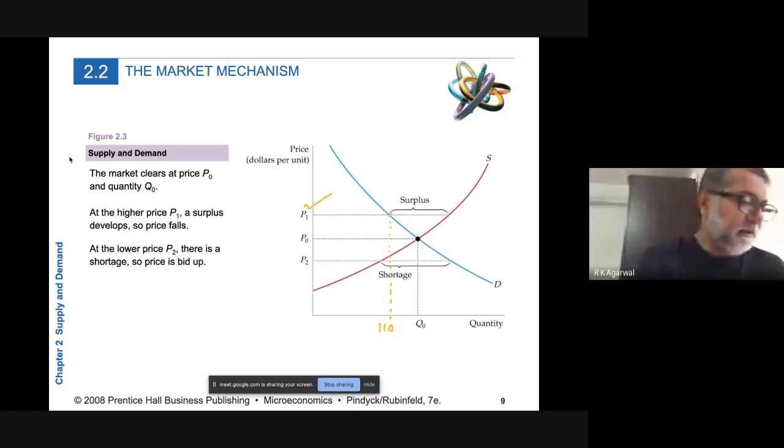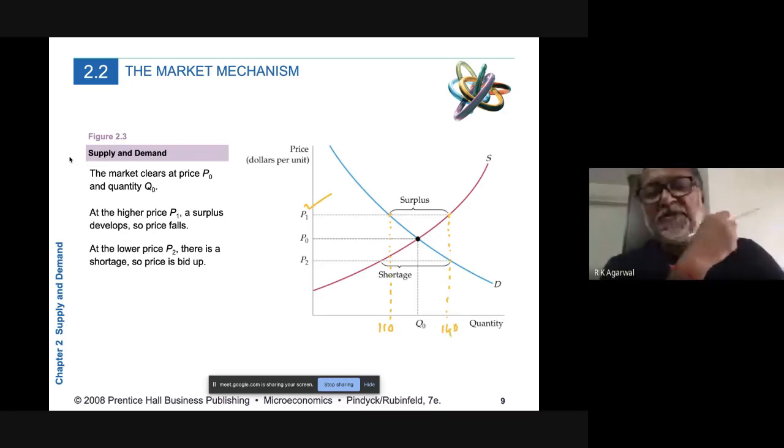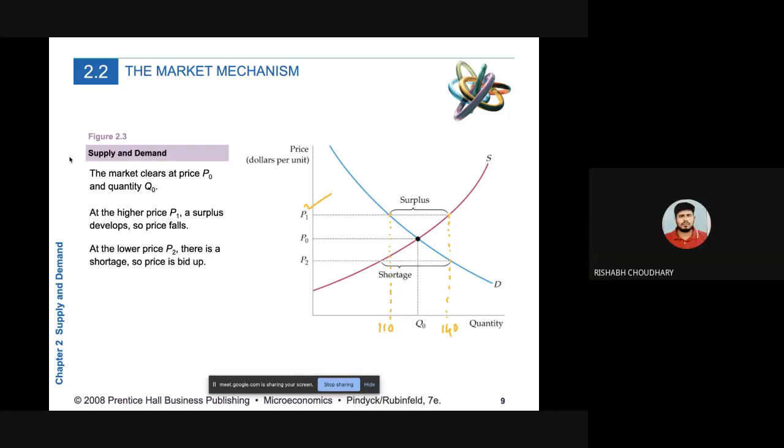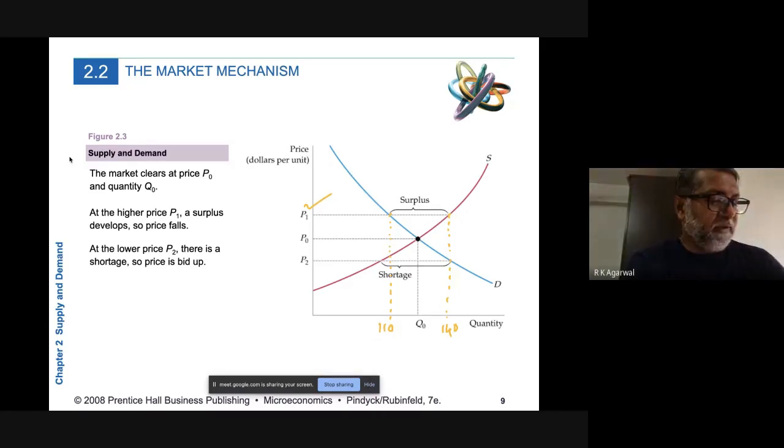At P1, the supply is 140. So which is more, supply or demand? Supply, sir.